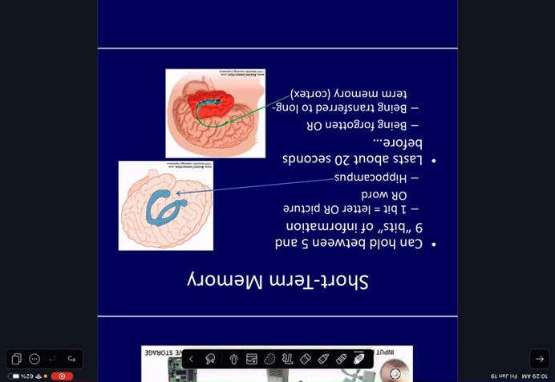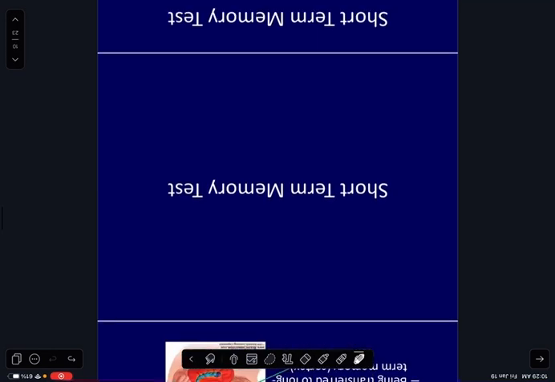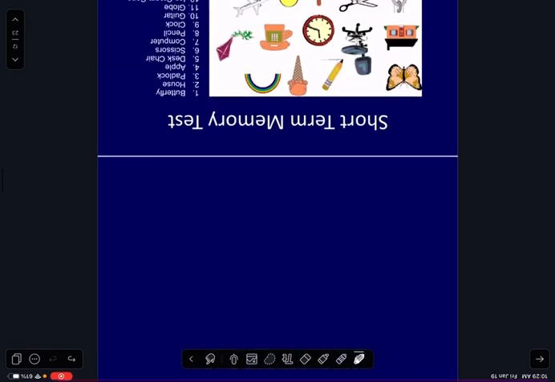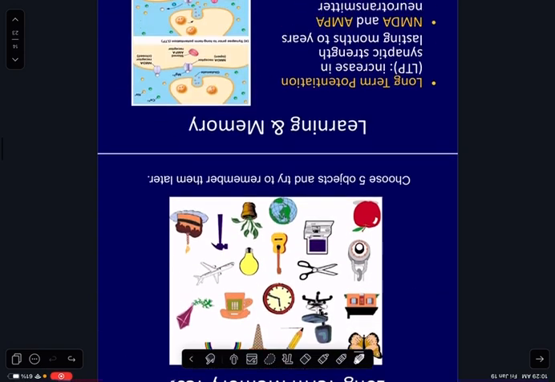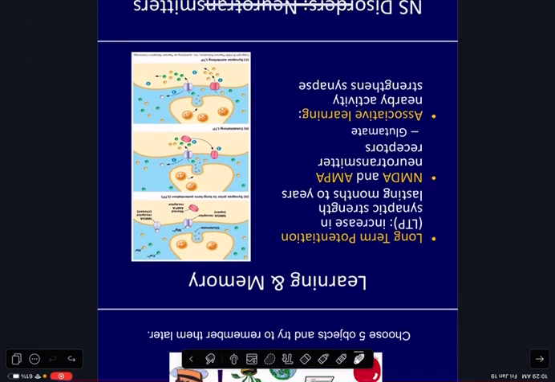So one of the consequences of this increase in the strength of synapses is a phenomenon called long-term potentiation, LTP. When the strength of a synapse is increased, that's called long-term potentiation.